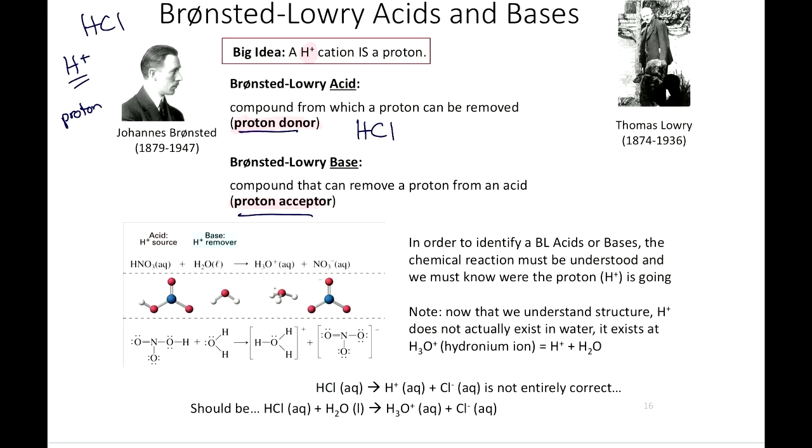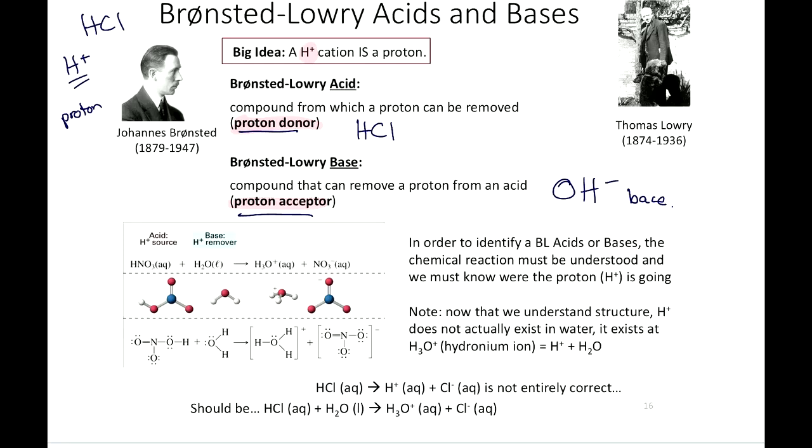It takes protons from acids. So if you think about hydroxide, a strong base, hydroxide gets neutralized when it takes an H+ from something else, because it becomes water. So hydroxide, a base, is a proton acceptor, because that's how it gets neutralized.